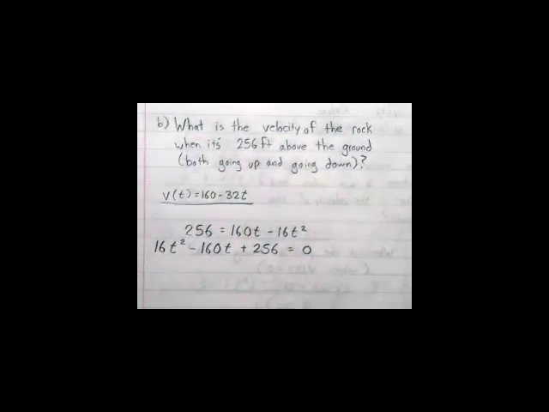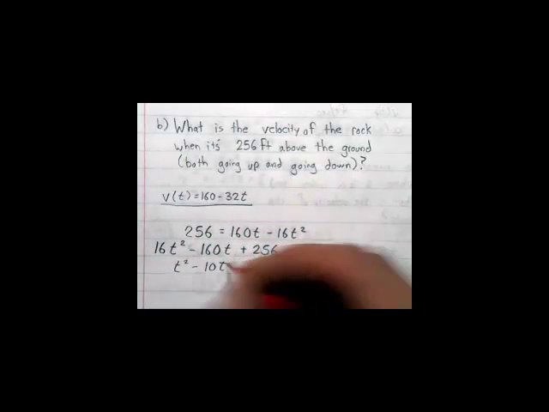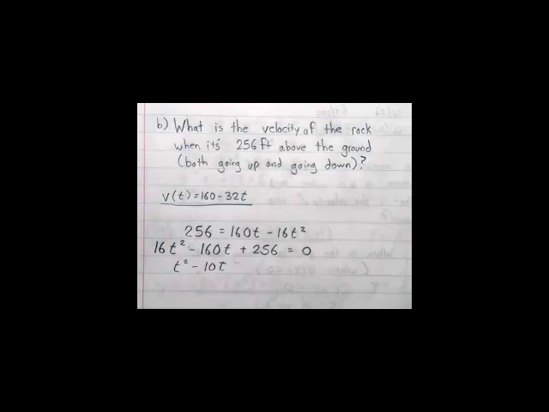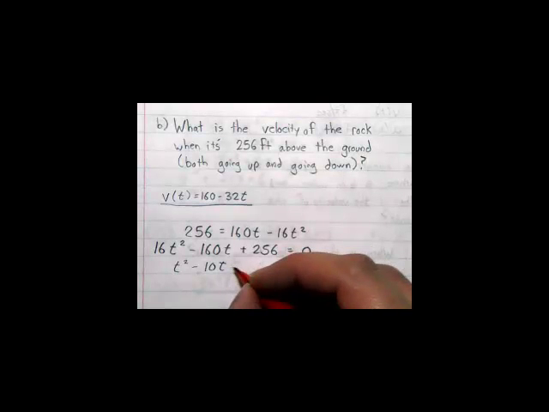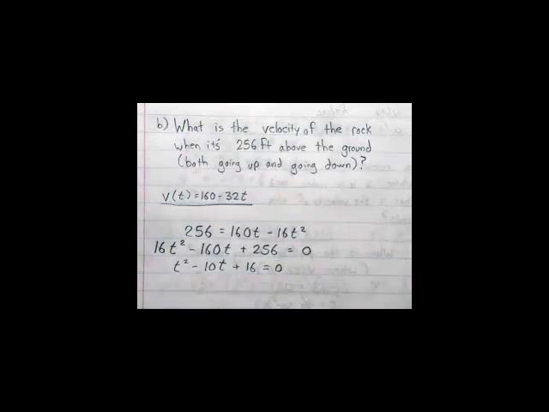And I believe all of those are divisible by 16, so I could just divide 16 out of everything and simplify this down quite a bit. Let's see, 256, yeah. So we got that then.